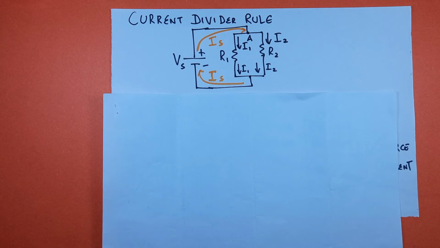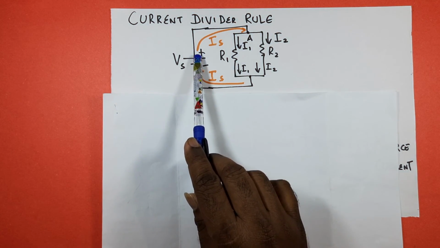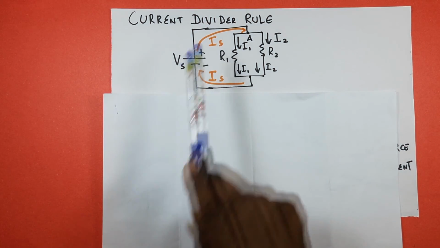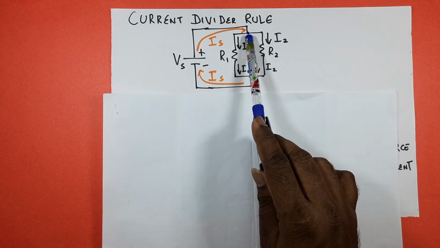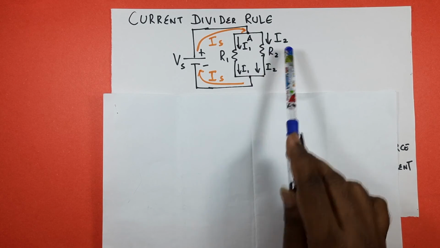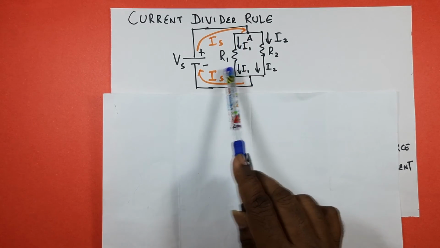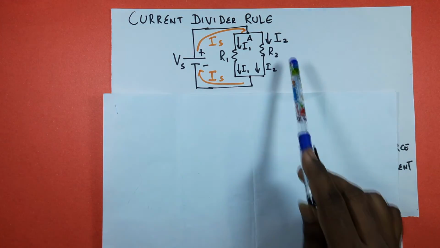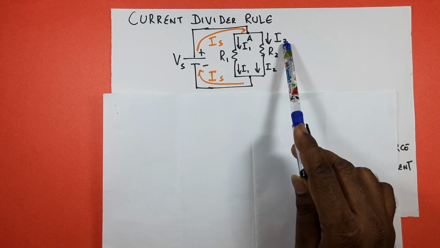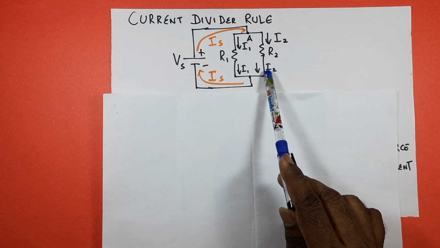Now the current coming out of this Vs is Is. This current divides at point A into two parts. One is I1 flowing through R1, and the remaining is I2 that flows through R2.